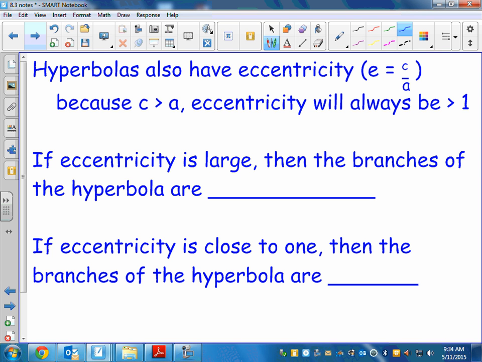But if you get a really big number, we can say that the branches, they call them the branches of the hyperbola, are nearly flat. And if it's really close to 1, it can never be 1, but it can be really close to 1, then it's going to be more pointed. That's pretty vague explanations there, right? And we'll talk about that as we graph them.